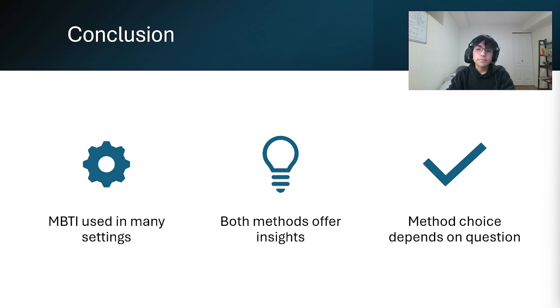What is the conclusion? To sum up, MBTI is a widely used framework for understanding personality differences. The two studies I discussed highlight how experimental and non-experimental methods can offer complementary insights.